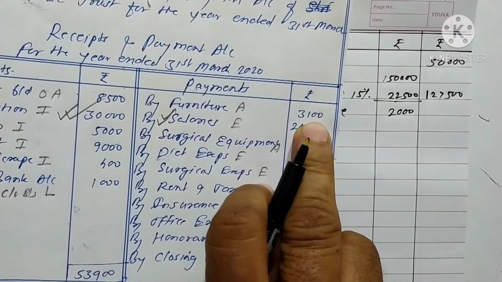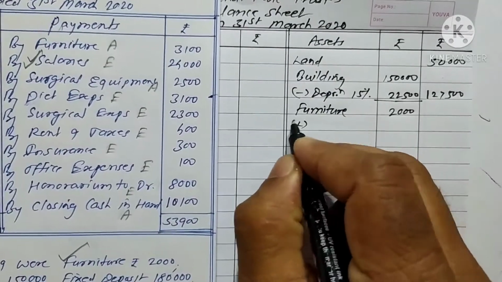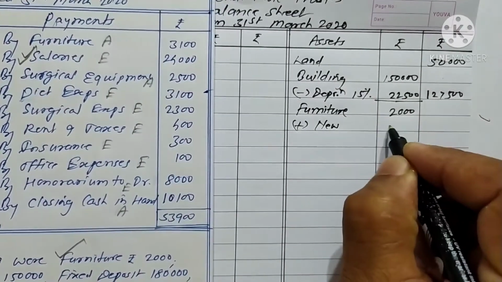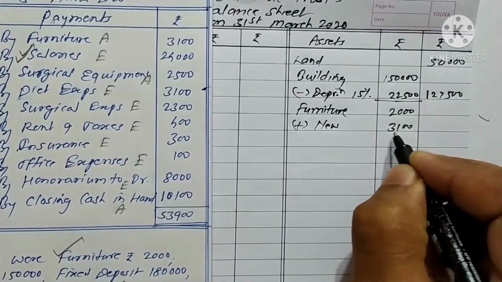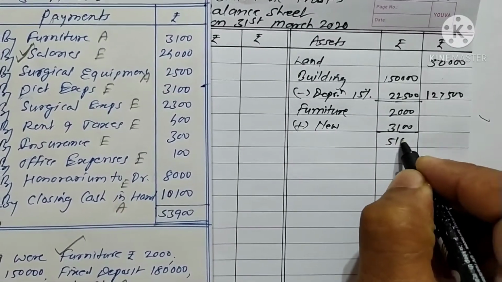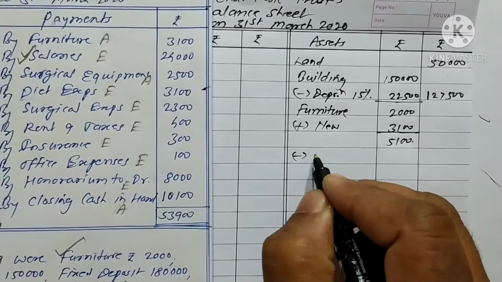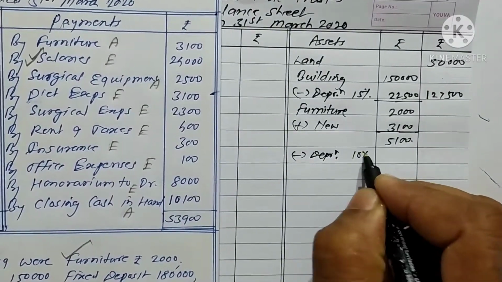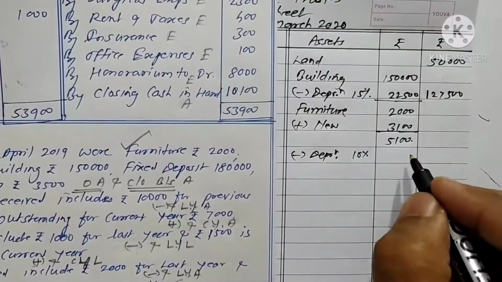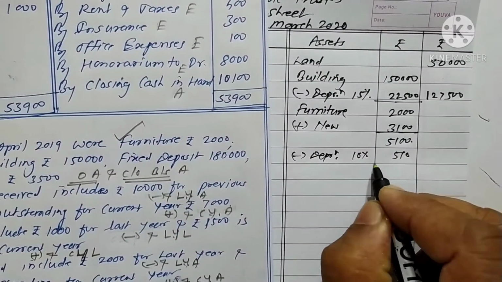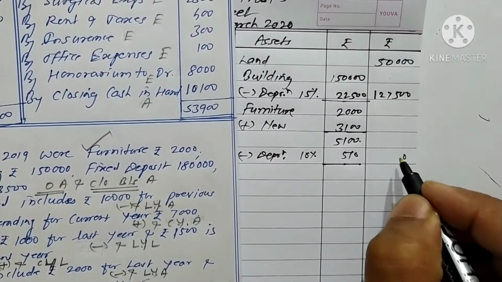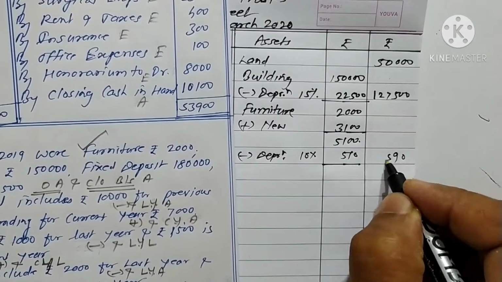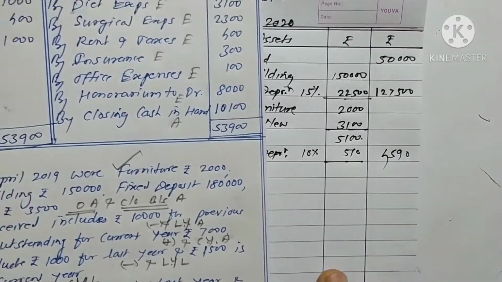Additional furniture rupees 3,100. Total 5,100. Again we have to less depreciation at 10%. It comes 510. Now see, 4,590.